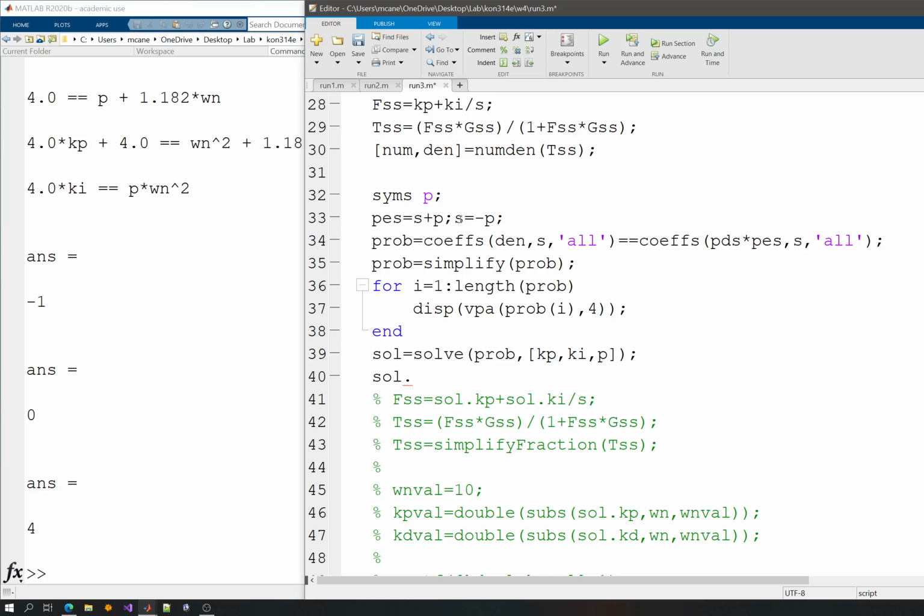So this will always be adding a stable pole to the dominant pole pair. Since I'm choosing the dominant pole pair with zeta and Ts, I most probably will choose zeta greater than 0, which means that I will most probably choose my pole pair in the stable domain, or on the left-hand side of the s domain.